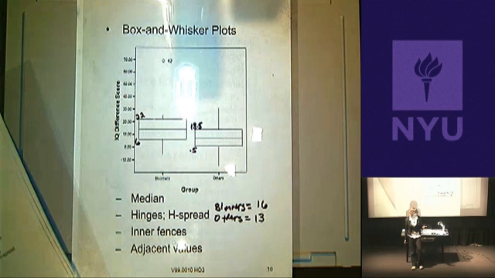So how do you get those whiskers? They're the most extreme scores in the distribution that are not outside the fences. Would you like me to repeat that? They're the most extreme scores in the distribution that are not outside the fences.